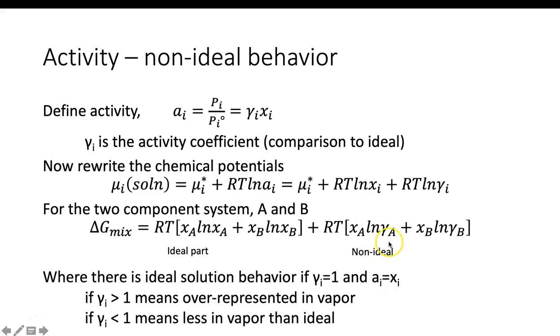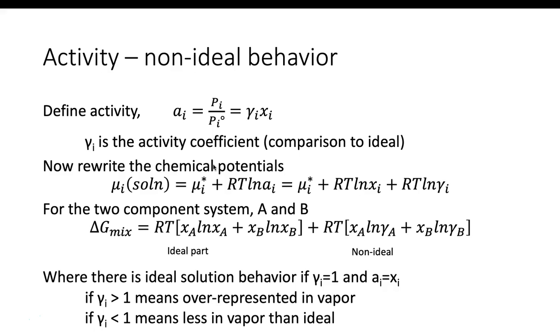That means, if we looked at this expression, that solution is overrepresented in the vapor. If we were to look at this ratio, we have more here than we're supposed to versus ideal. So it's overrepresented compared to an ideal mixture in vapor.